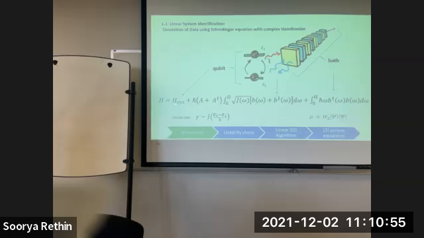So it's just a sum of two terms in the system Hamiltonian: the interaction part of the Hamiltonian, which you see includes the spectral density of the bus and the operators which act on the qubit, and the bus part of the Hamiltonian.